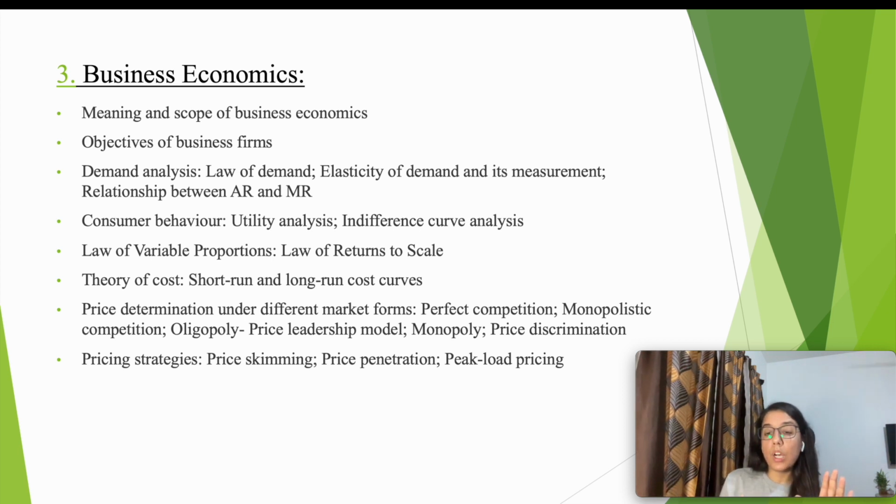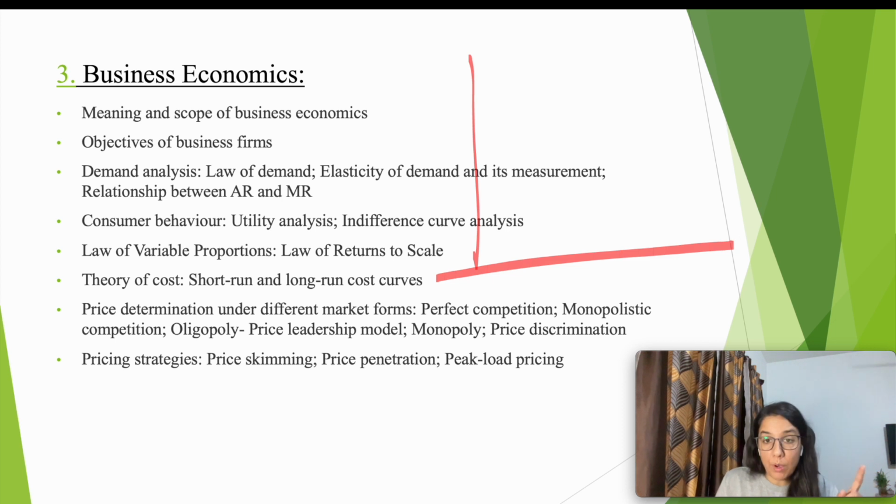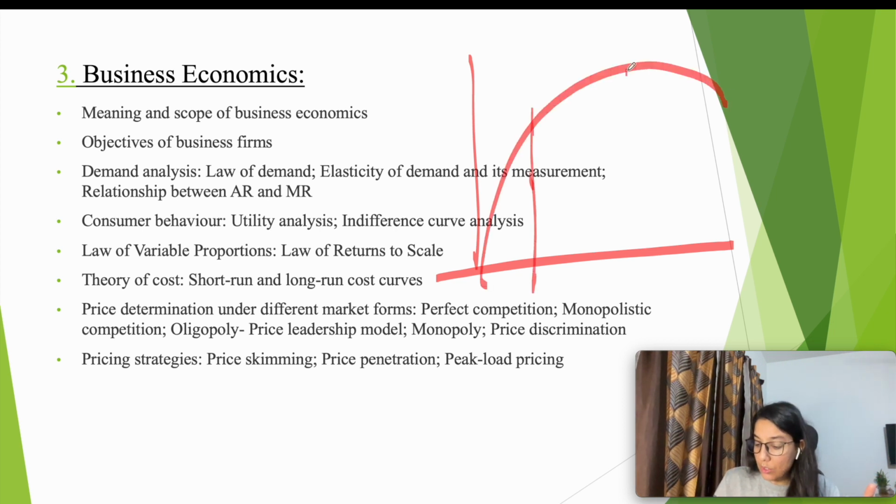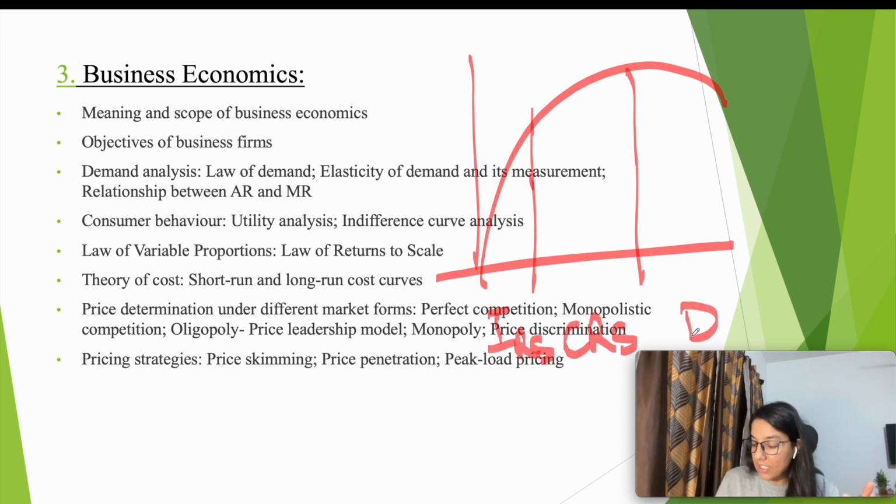Also you need to remember that the curves are very important. You have already studied all these in your class 11th and 12th, like TP, AP and MP curves. Then they can ask you, for example, phase 1 is IRS, phase 2 is CRS and phase 3 is DRS.